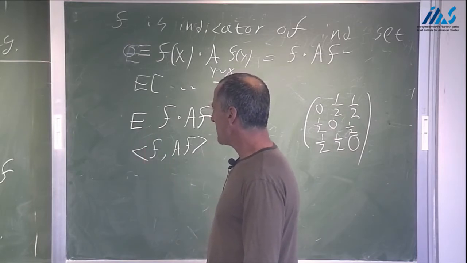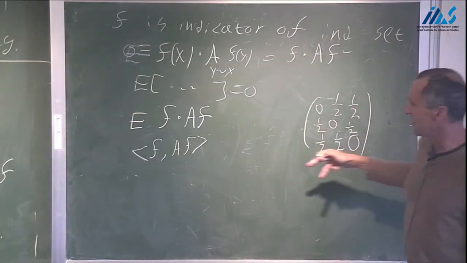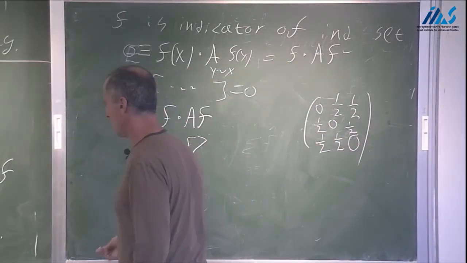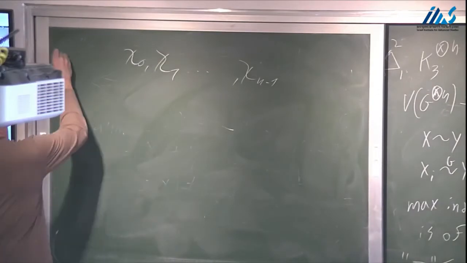So if you normalize, you divide by the degree, then we'll have eigenvectors, let's call them chi 0, chi 1, up to chi n minus 1, if there are n vertices. And these are the eigenvectors.